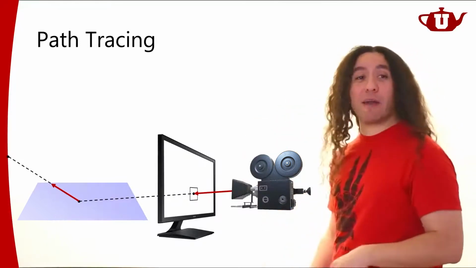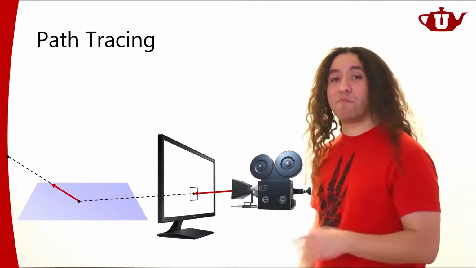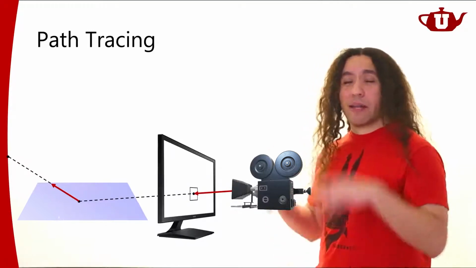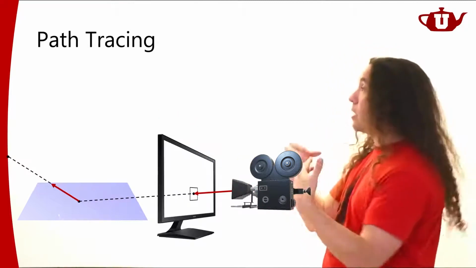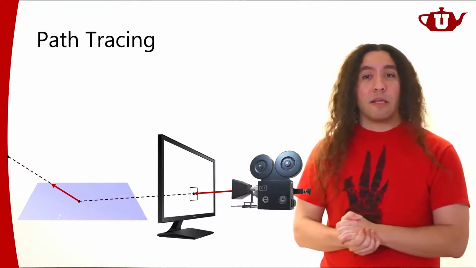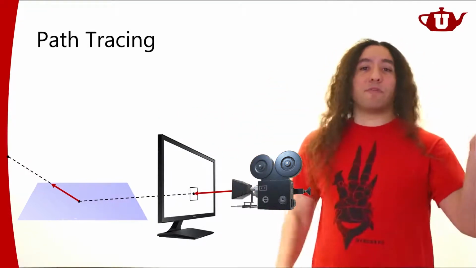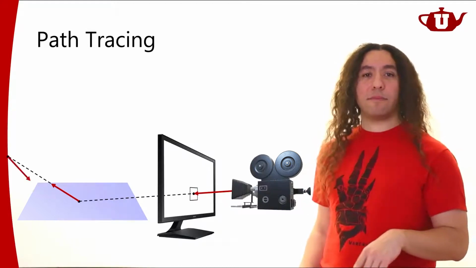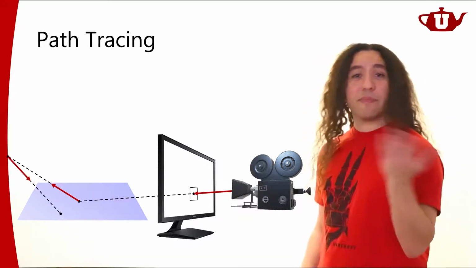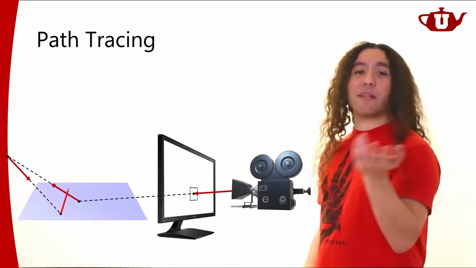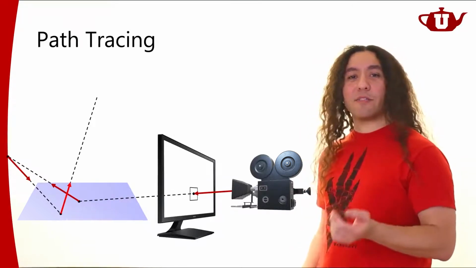So I traced that ray, and I found another point in the scene. All right, I'm shading that point. While shading that point, I'm going to approximate indirect illumination there as well. So again, I'm going to just pick another random direction. I trace this. And there, I pick another random direction, and I trace that.